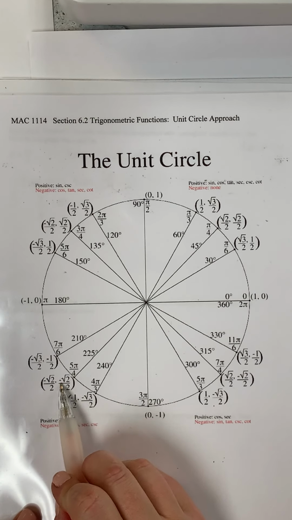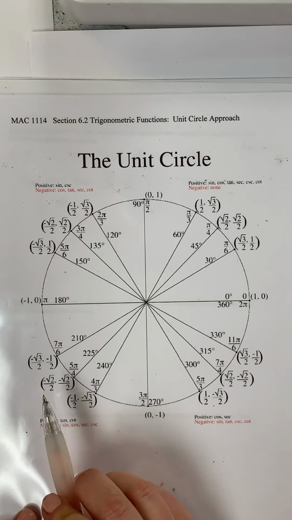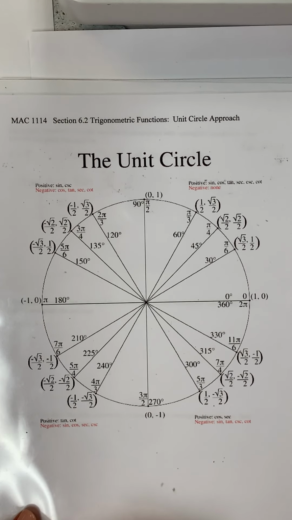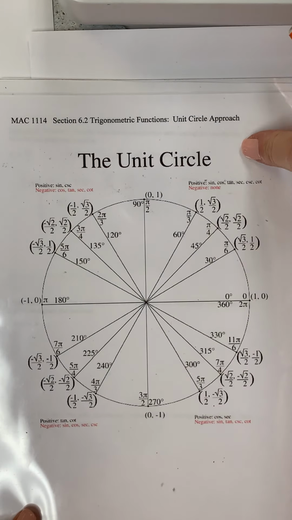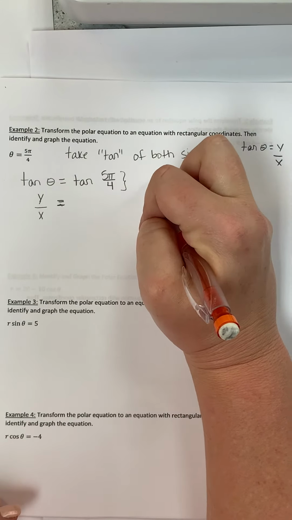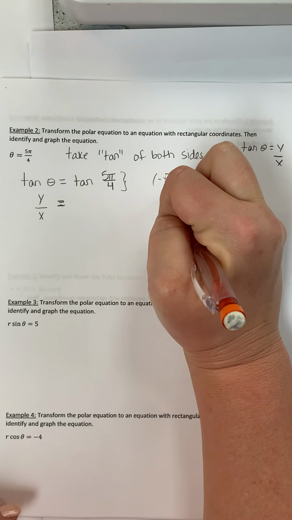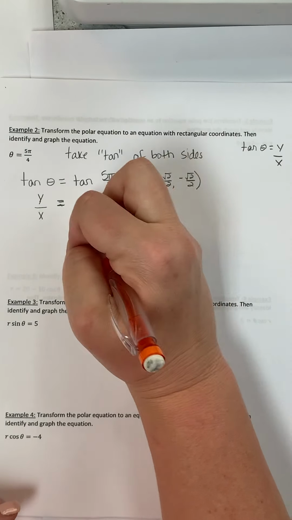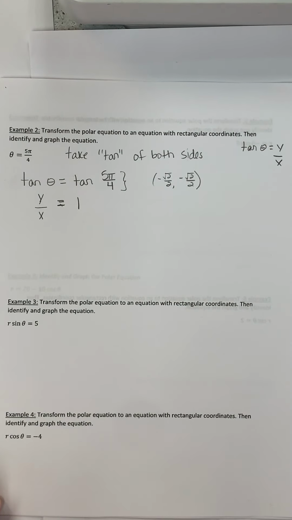If I put negative root of 2 over 2 divided by negative root of 2 over 2, I'm going to get 1, a positive 1. So that came right off our unit circle.